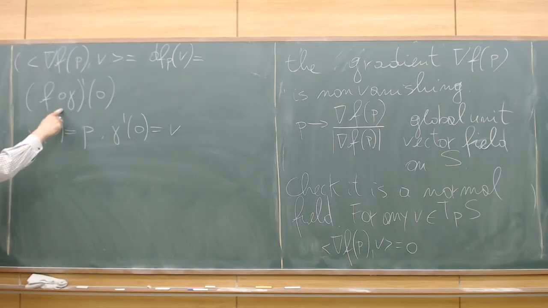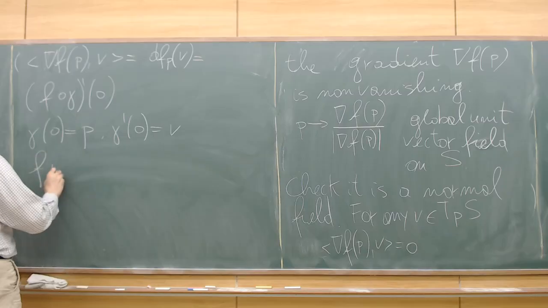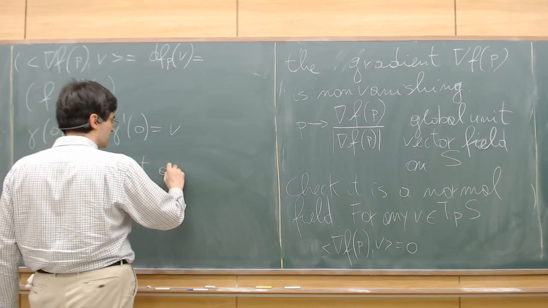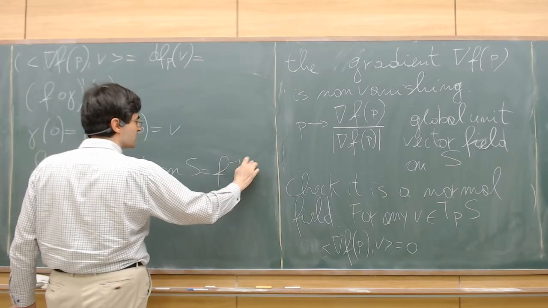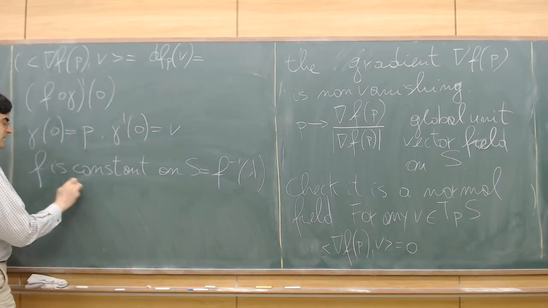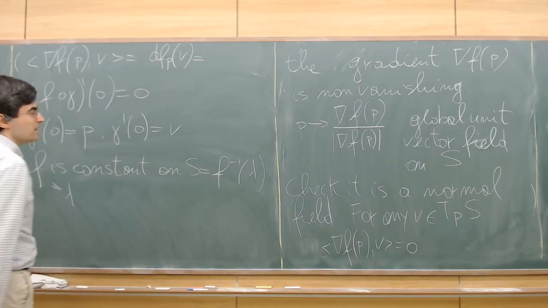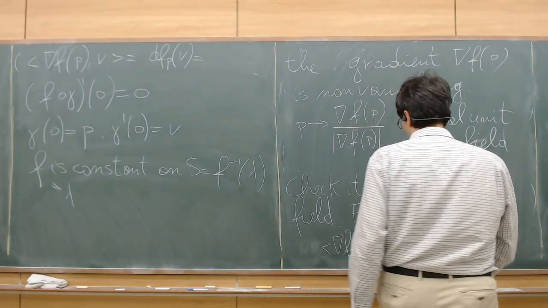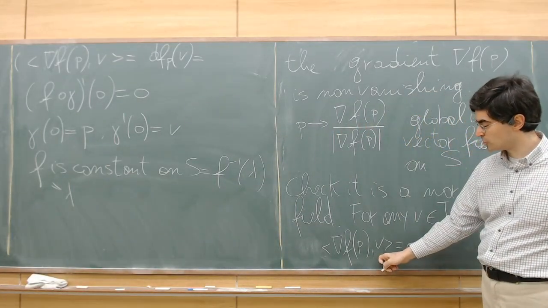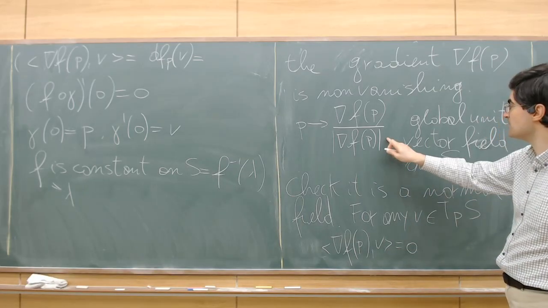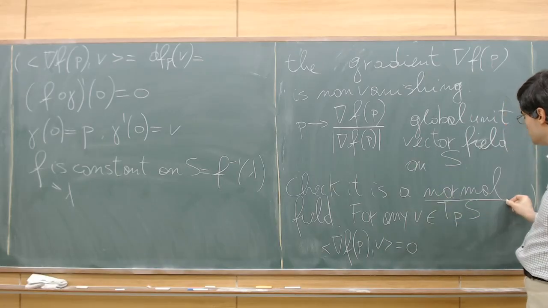But it's easy to compute this derivative because f is constant on S, because S is f inverse of lambda, so f is equal to lambda. Consequently, this derivative is 0, and this proves that the gradient of f is orthogonal to any vector in the tangent space, and this says that this vector field here is normal.